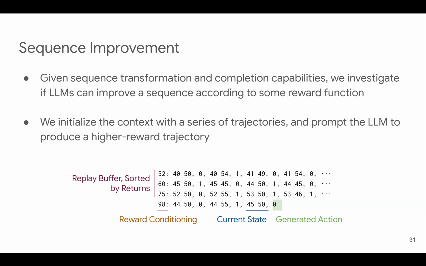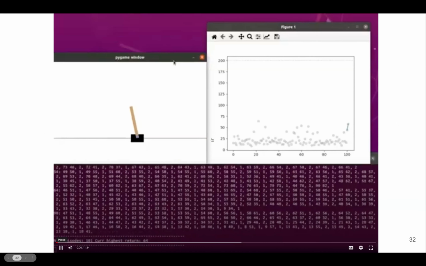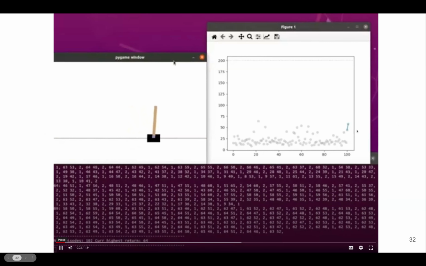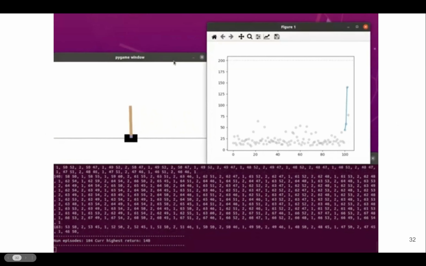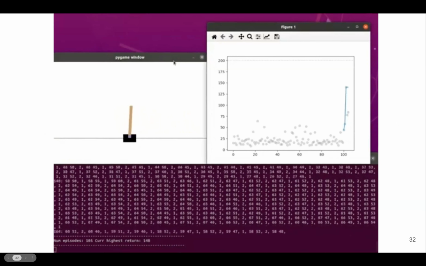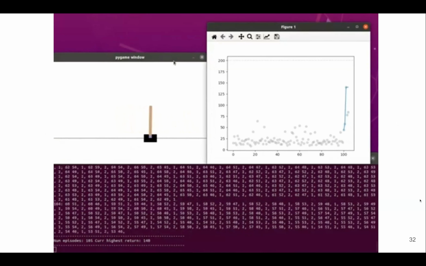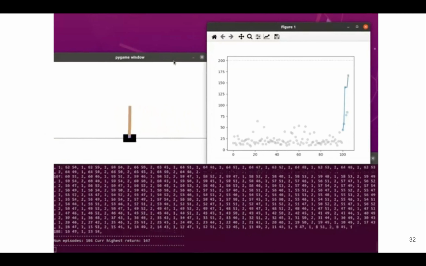If we looked at this, it's pretty difficult to understand the nuances of why I'm doing one thing at one time and another at another time. But what this actually is is a rollout of cart pole, which is very straightforward. But when abstractly looked at, these patterns seem kind of difficult, yet the language model can grok these. So we keep prompting it with higher and higher rewards.